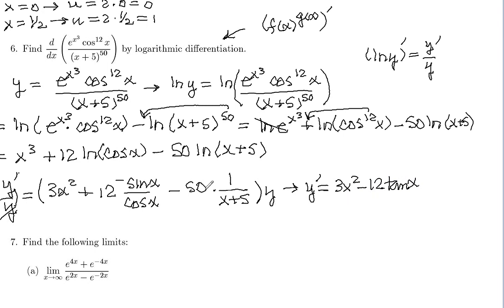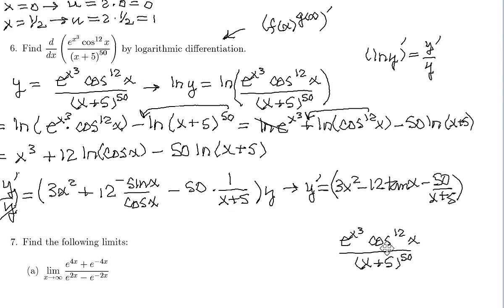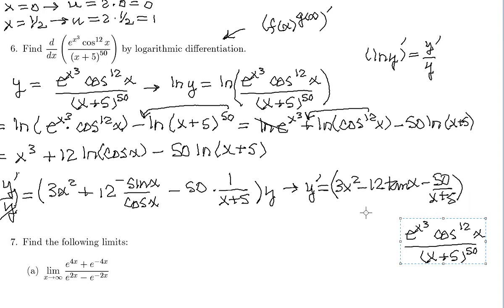And then 50 times 1 over x plus 5 is 50 over x plus 5. So that's our inside the parentheses simplified. Then we multiply by y. y is that original expression, which is this guy here. Okay, so that's going to go up here on the end.